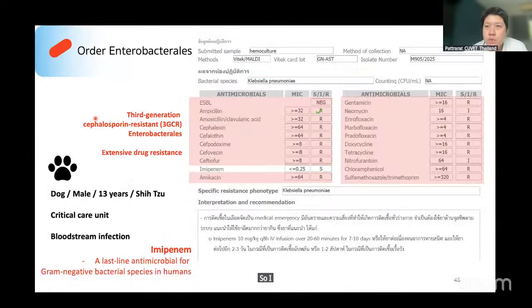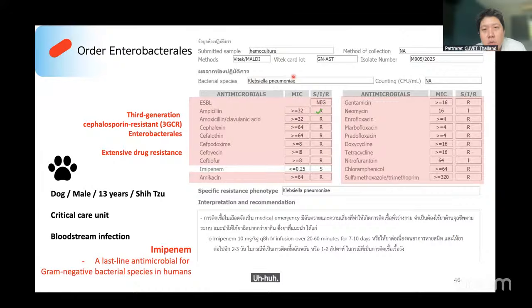So I show you a case from a dog admitted to the critical care unit that developed a bloodstream infection. Okay, a sick dog. And from hemoculture, we isolated Klebsiella pneumoniae.